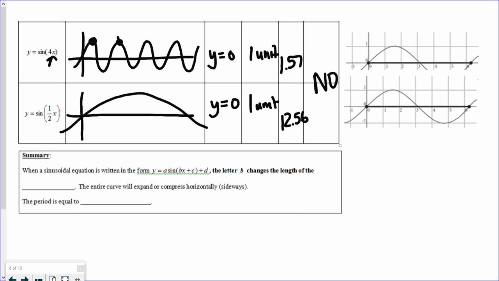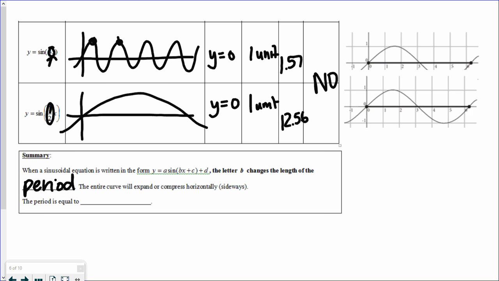So our summary for this, we can see that changing the b value, the value in front of the x in your sine function, changes the period. When a sinusoidal equation is written in the form y equals a times the sine of bx plus c, plus d, the letter b changes the length of the period.